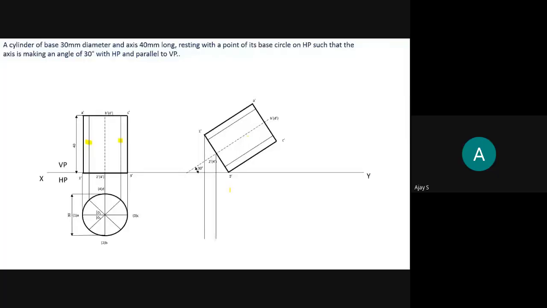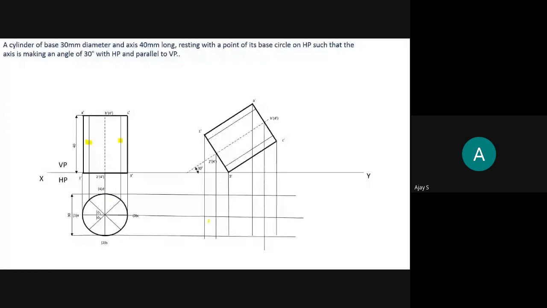Okay. Similarly, with reference to the first position, I draw horizontal projector lines. So these points are enough for me to draw. It is sufficient to draw the base and all, but it doesn't make a good graph, or a good drawing. I'll join like this.